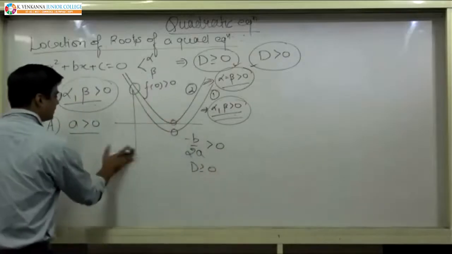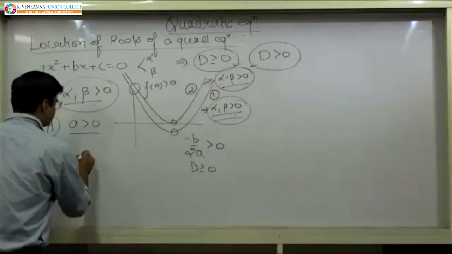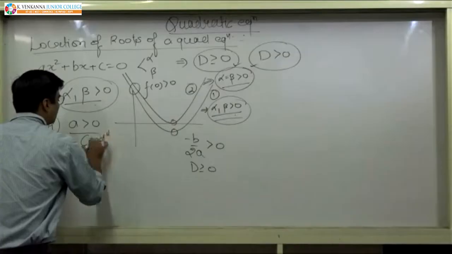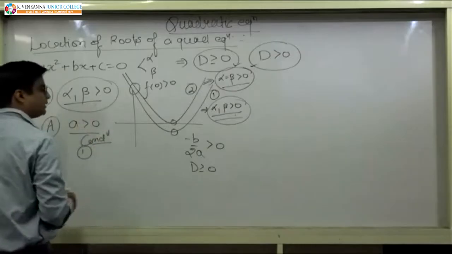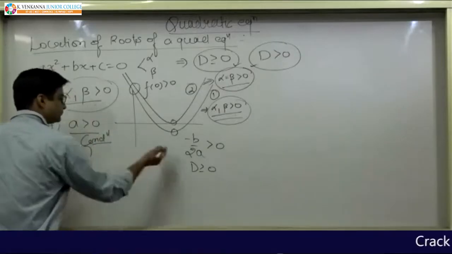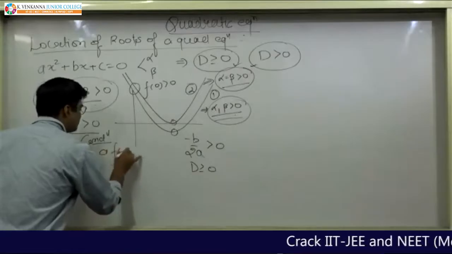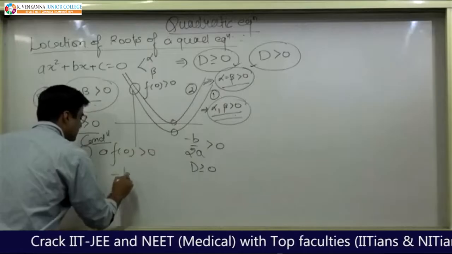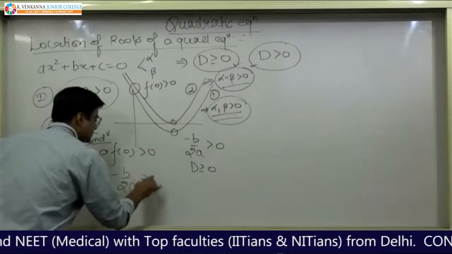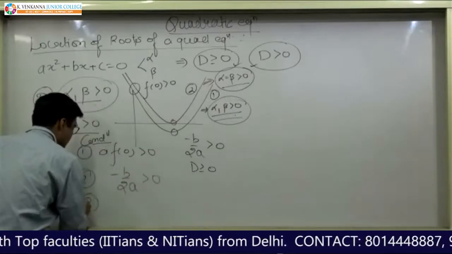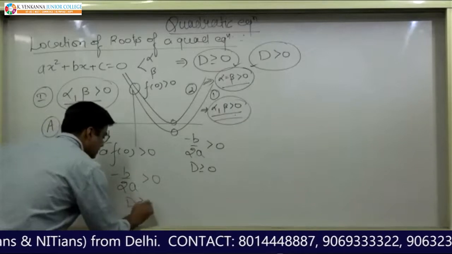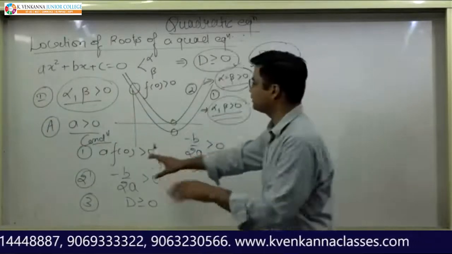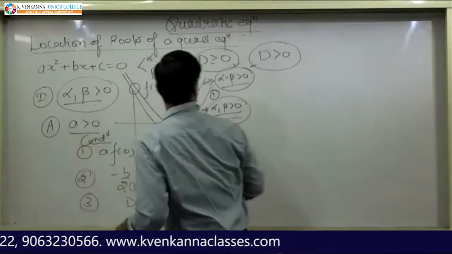So three conditions we learned, that is, conditions for alpha beta positive are: a times f of 0 is greater than 0. Second, minus b by 2a is greater than 0. And third, discriminant is greater than equal to 0. You can consider the next case also.